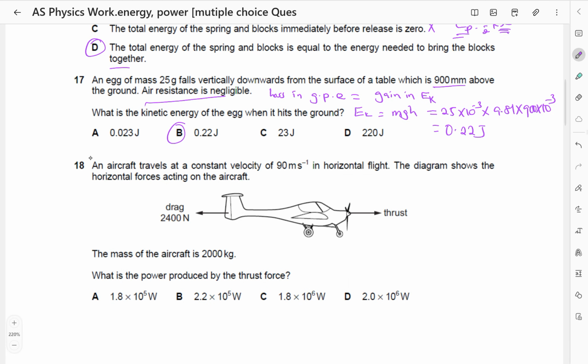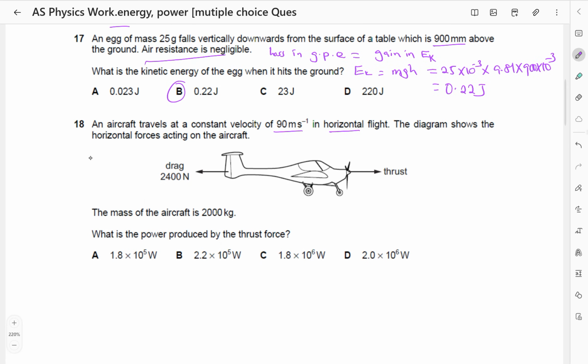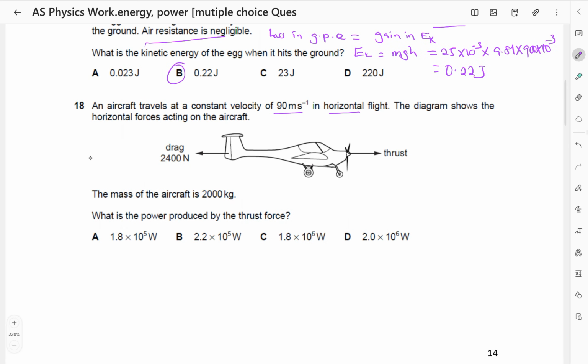An aircraft travels at a constant velocity of 90 meters per second in a horizontal flight. The diagram shows the horizontal forces acting on the aircraft. The mass of the aircraft is 2,000 kilograms. What is the power produced by the thrust force? So let's first of all find the thrust force.